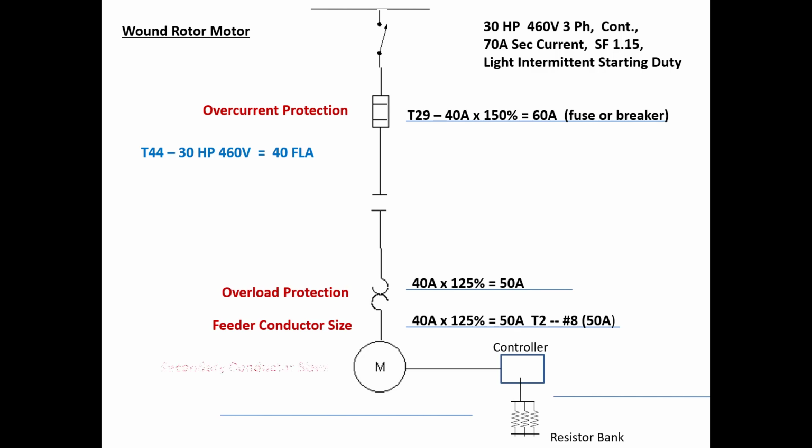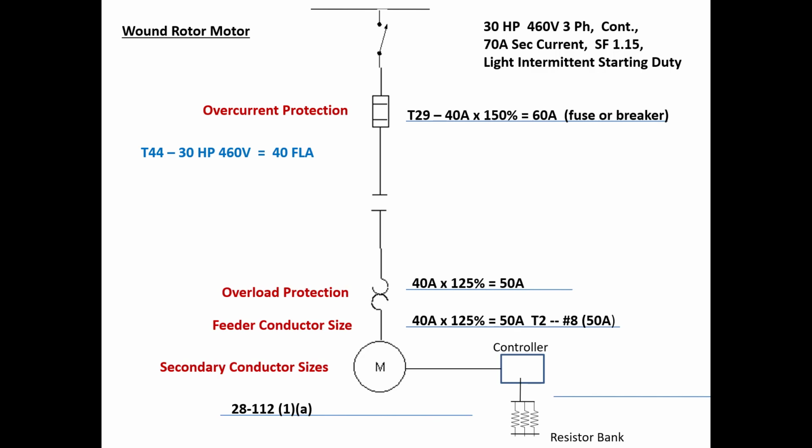Now for the secondary part, what we're going to do is go to rule 28-112, subrule 1(a), and this is going to tell us how to deal with these secondary conductors. So it's 28-112, secondary insulated conductors.